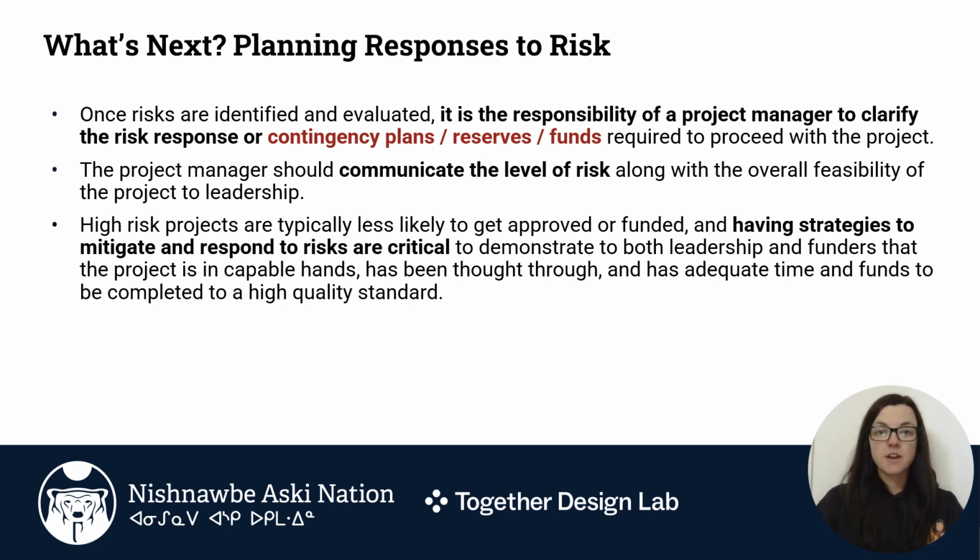The project manager should communicate the level of risk along with the overall feasibility of the project to leadership. High-risk projects are typically less likely to get approved or funded, and having strategies to mitigate and respond to risks are critical to demonstrate to both leadership and funders that the project is in capable hands and has been thought through and has adequate time and funds to be completed to a high quality standard.